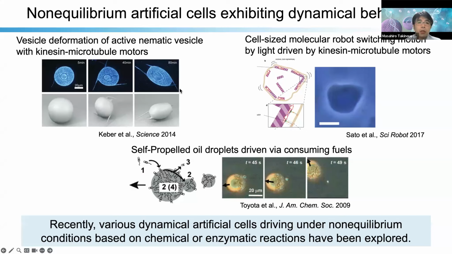For example, this is the deformation of active nematic vesicles with kinesin microtubule motors. This is a cell-sized molecular robot that switches its motion by light irradiation. This is one example of a self-propelled oil droplet that moves by consuming fuel.